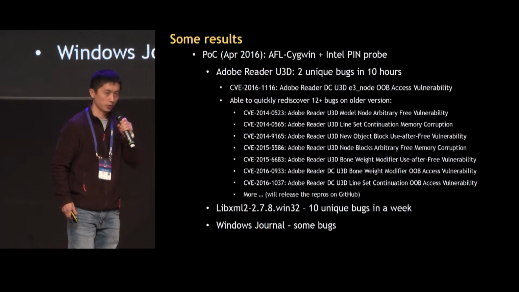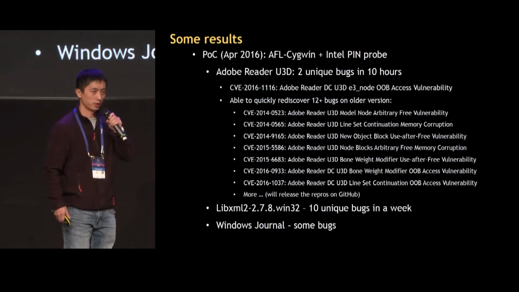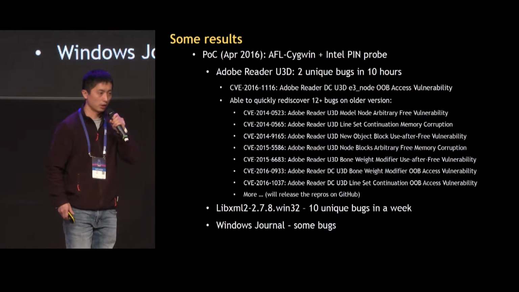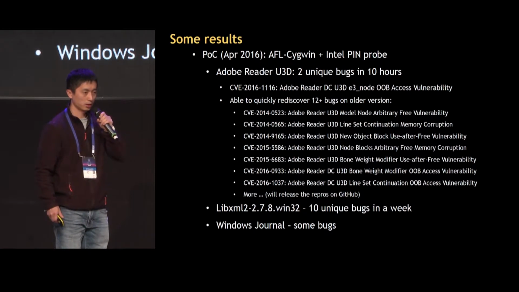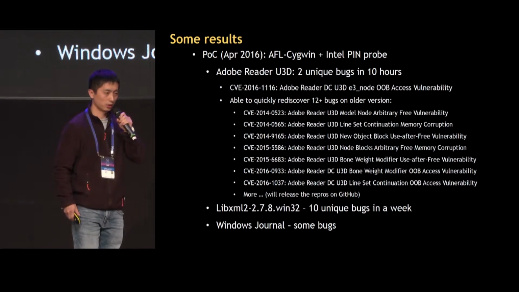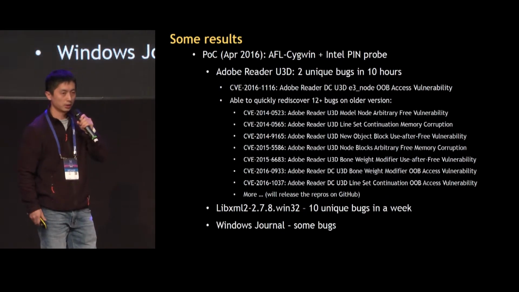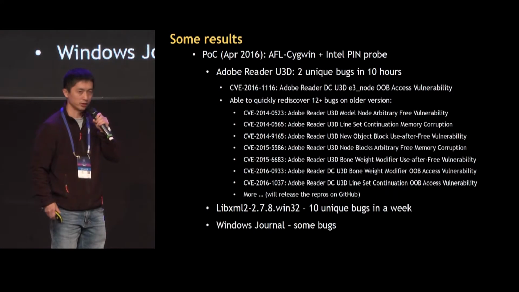Because I've done fuzzing in this library, I know which CVE each corresponds to. So here is the list of those I know, and there are more, so the total number is more than a dozen. We will release those reproducers on GitHub as justification that it can do complete coverage, almost like enumerating the code within a short time.